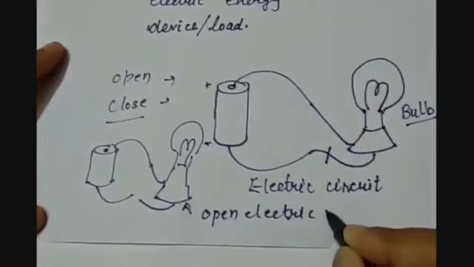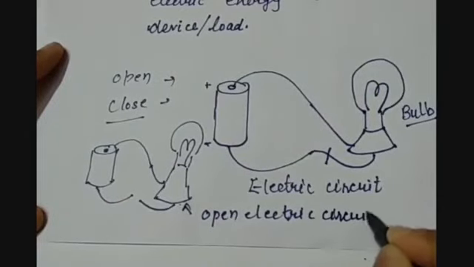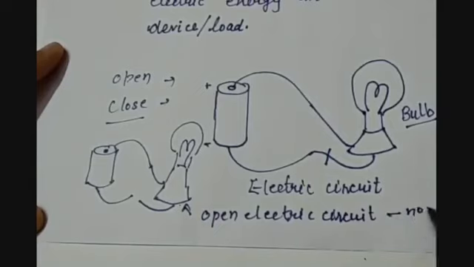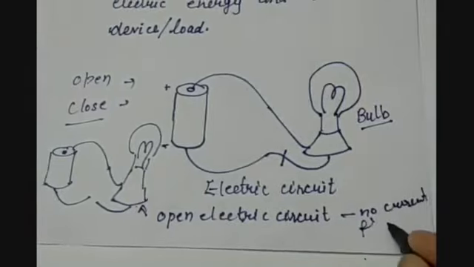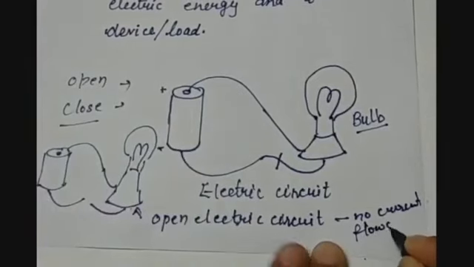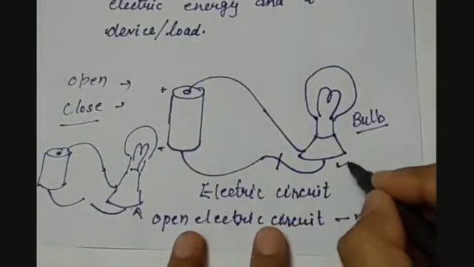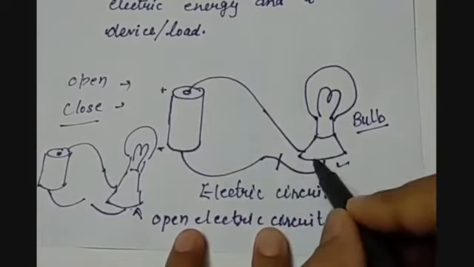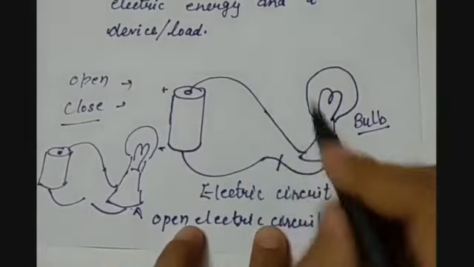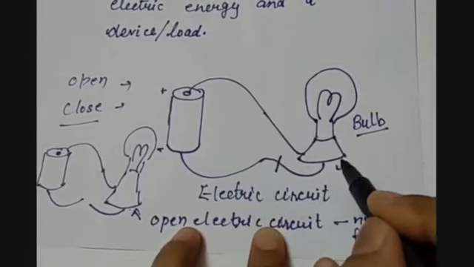in which no current flows. And this is called closed circuit when there is no break in the conducting path and the current flows throughout the circuit very comfortably.